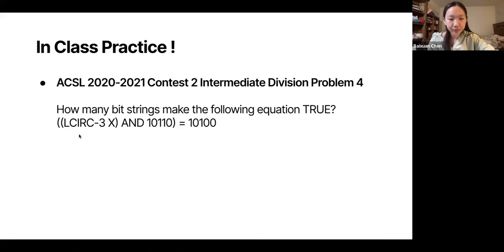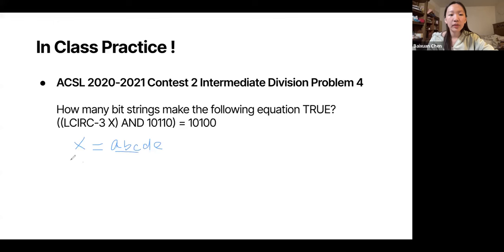Okay, so for this one, for example, we will make a letter for each digit. So we'll say x is equal to A, B, C, D, E. Okay, so then for left circle 3, we take the left-most 3 digits and we move them and add them at the right.